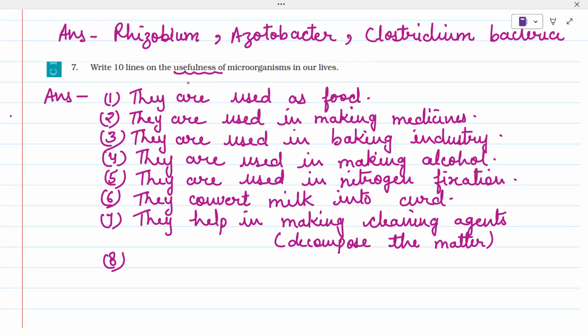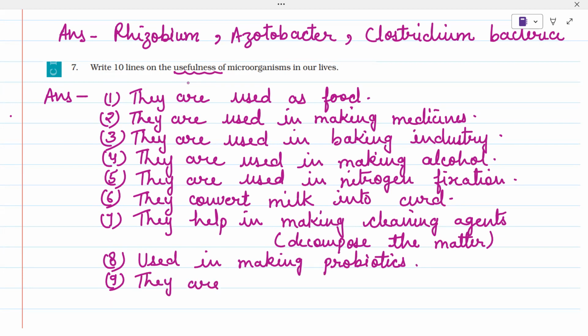Then they are also used for making probiotics. And these probiotics are very useful for increasing our body's immunity, right? And also they are used in making vaccines.